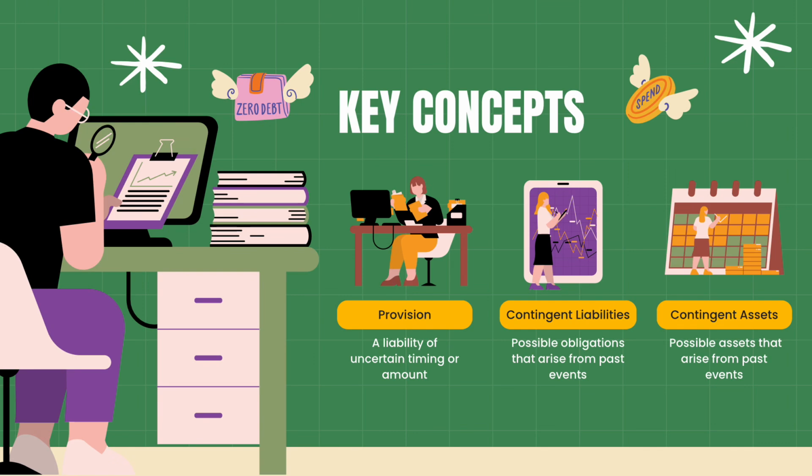A contingent liability is a possible obligation that arises from a past event whose existence will be confirmed only by future events. And a contingent asset is also a possible asset that arises from past events and whose existence will be confirmed only by future events.